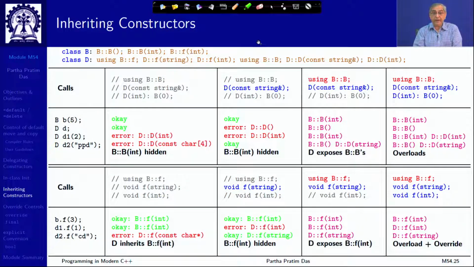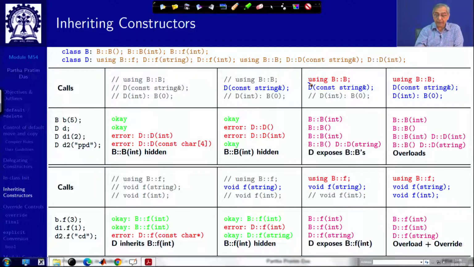Here I have again made a single slide, following that principle of single-slide takeaway, where I show that with or without using, and with different combinations, which function is available or which constructor is made available, and what will be the basic effect. Try to go through each entry and get comfortable with inheriting constructors.